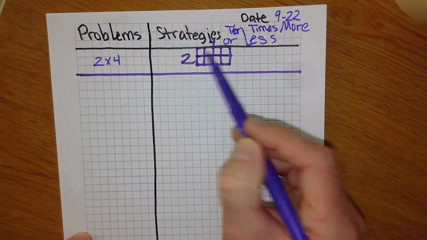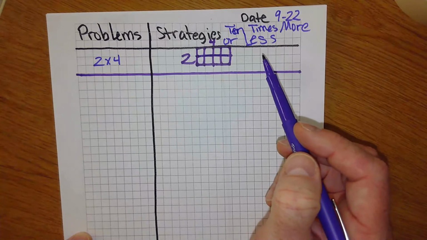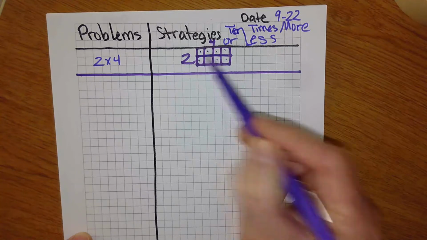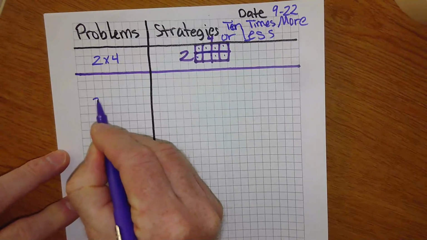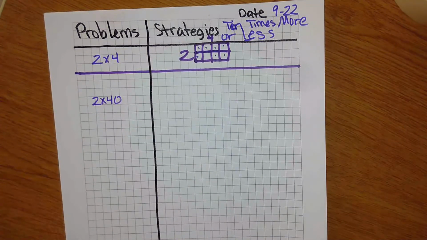Or you can take the long route and do what to figure out what the area is of this rectangle? Count the squares. Count each square. Works just fine, just takes a little bit longer. Now write this one down. See if you can come up with that solution. I believe we can.